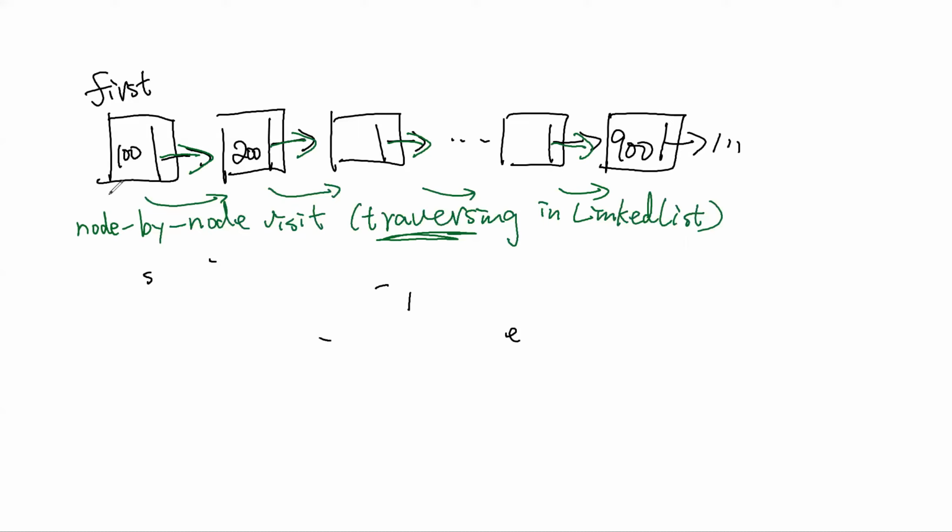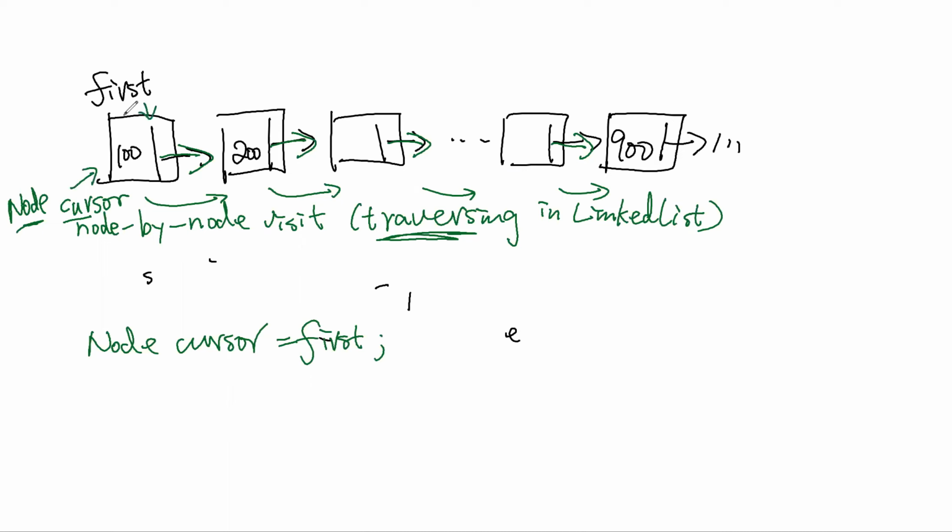Generally speaking, we cannot do first.next, then .next, chain that .next. That's not a good way to write a program. So here we can define some variable and we call it a cursor. The cursor's type is a node. You can let the cursor start at first. You set it to point to the first node.